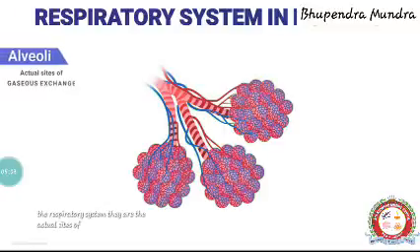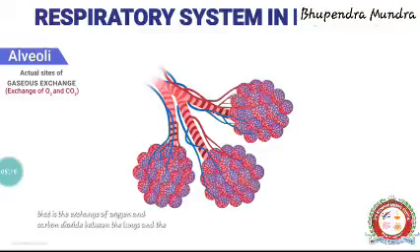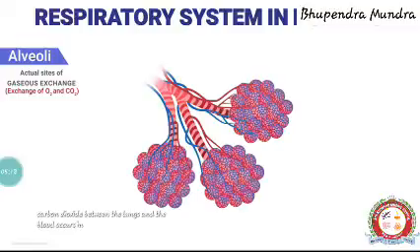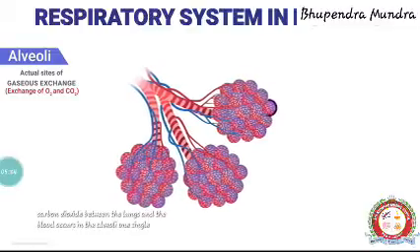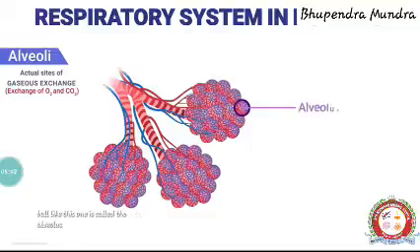They are the actual sites of gaseous exchange, that is, the exchange of oxygen and carbon dioxide between the lungs and the blood occurs in the alveoli. These structures are also called alveoli. One single ball like this one is called an alveolus.